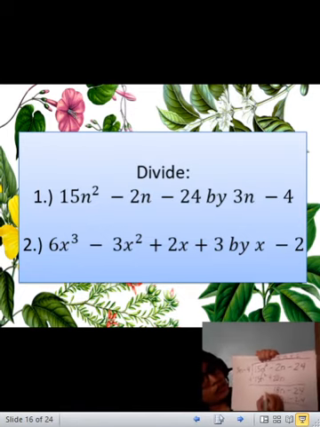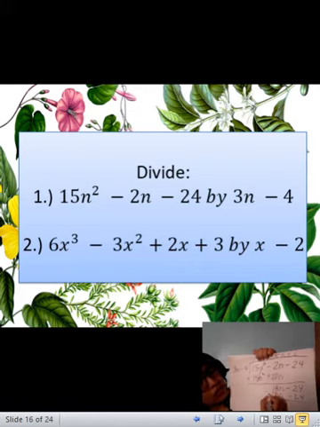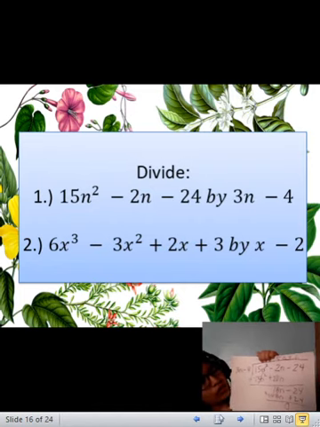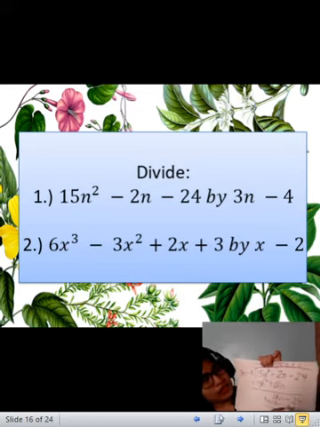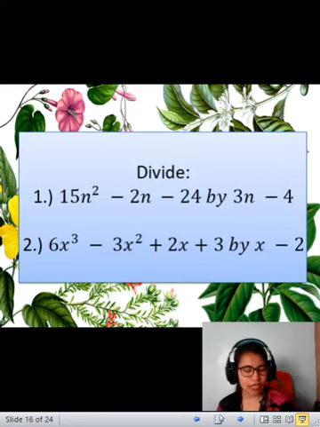And then subtraction, change the sign to negative and change the sign to positive. Then proceed to addition. As you can see, they look alike. So our answer there is 0. Therefore, our final answer is 5n plus 6 for our first example.